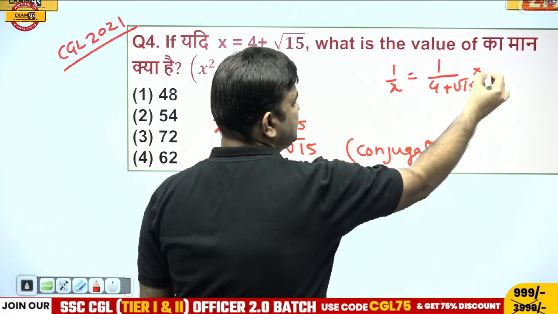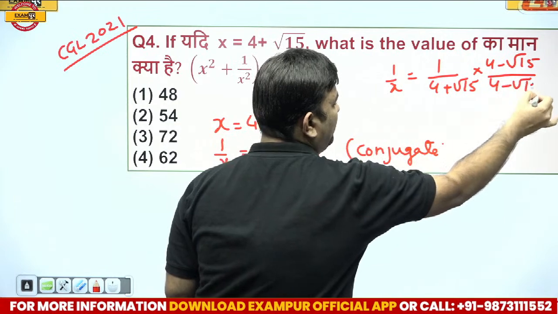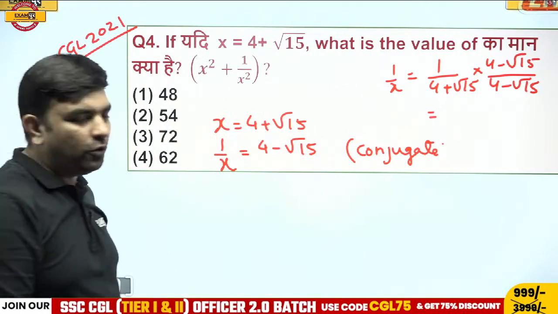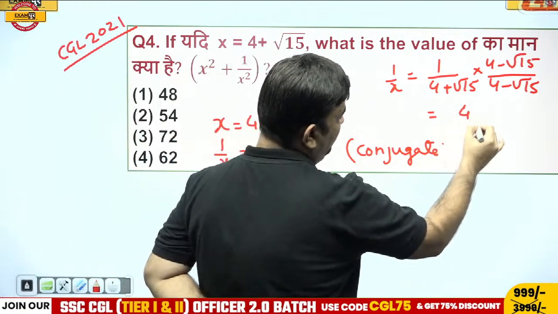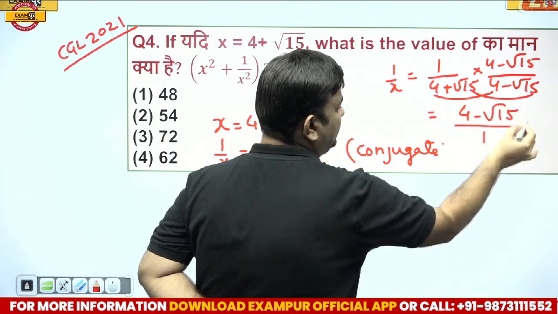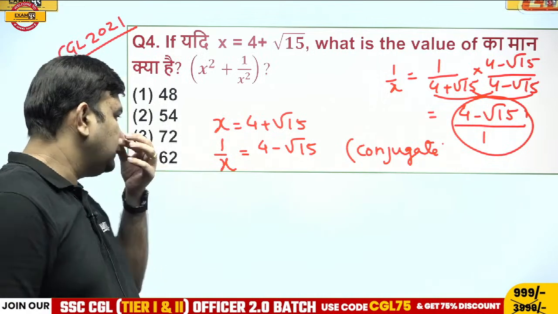You will rationalize by 4 minus root 15. So it will become 4 minus root 15 upon 16 minus 15, which is 1.